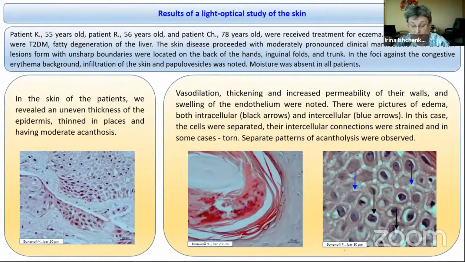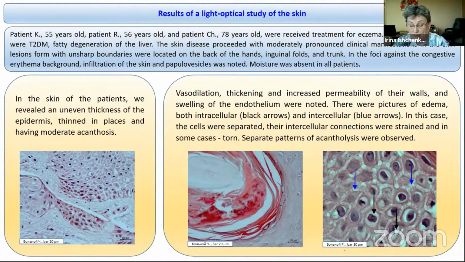In the skin of the patients, we revealed an uneven thickness of the epidermis, thinned in places and having moderate acanthosis. Vasodilatation, thickening, and increased permeability of the walls and swelling of the endothelium were noted.